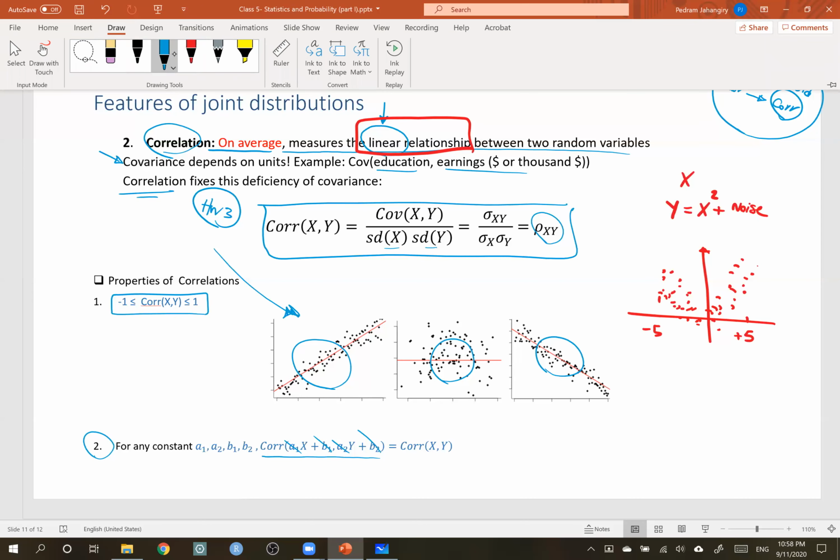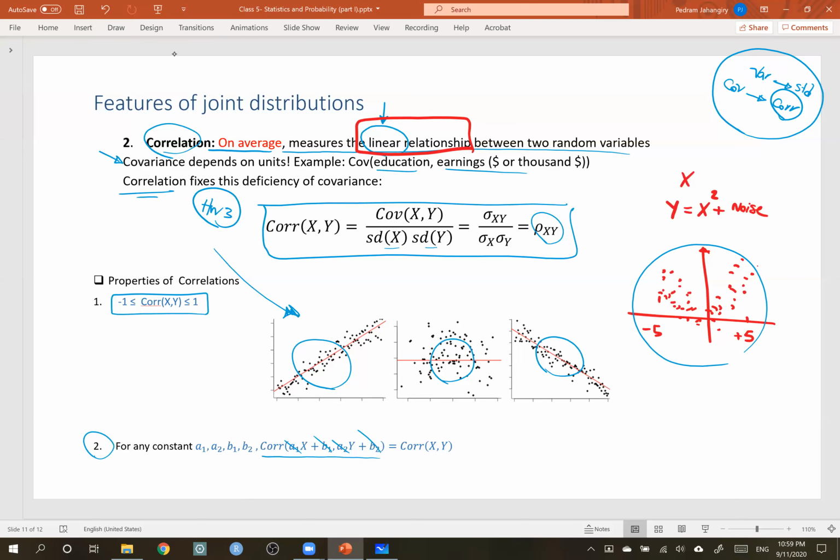If you calculate the correlation for all these observations, what do you think you get? You will get 0. If you use any kind of mathematical programming language like R, pass this information into it and calculate the correlation, you would get 0.